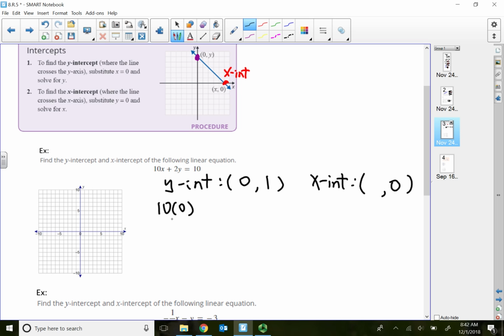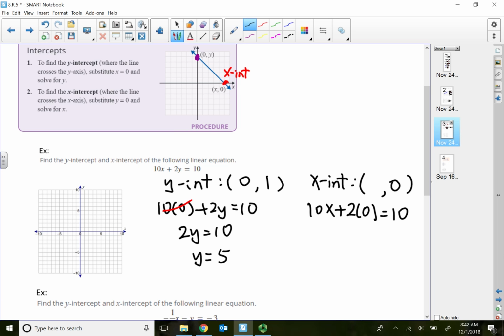That will be 10 times 0 plus 2y equal to 10. So positive 10 times 0 is 0. That leaves me with 2y equal to 10. Y is equal to 5. Now I'm going to substitute 0 for y. For x-intercept, find x when y equal to 0. So substitute 0 for y.